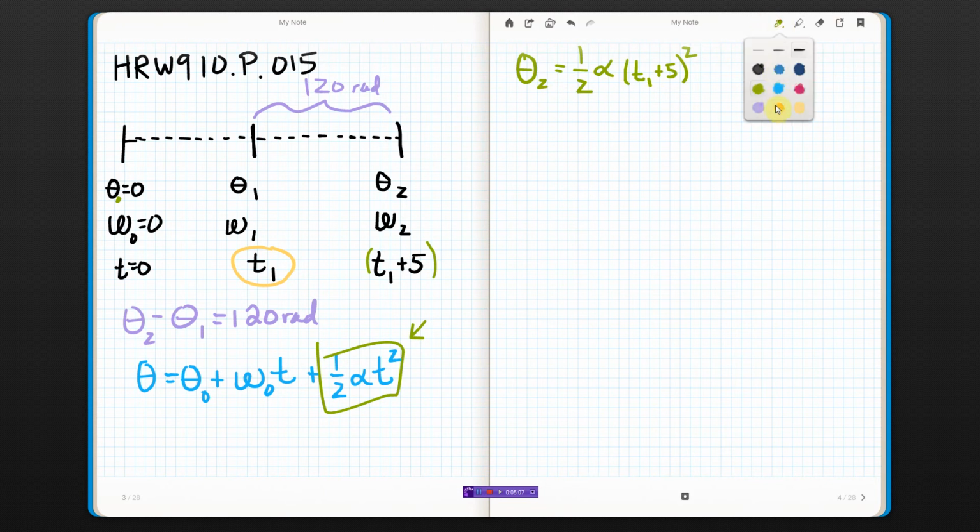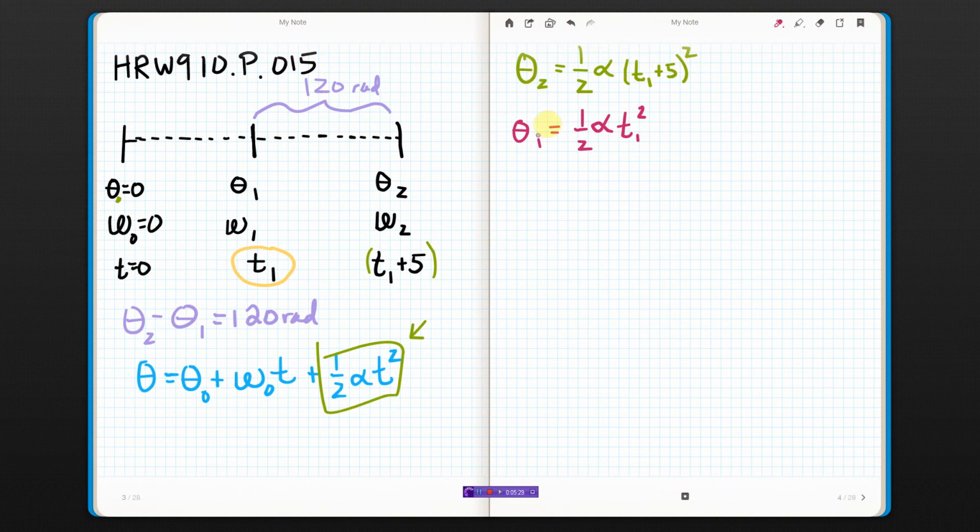For theta 1, still the same initial conditions, so the first two terms go away. All I have is 1/2 alpha, and this time t is t1. Don't forget to square it.